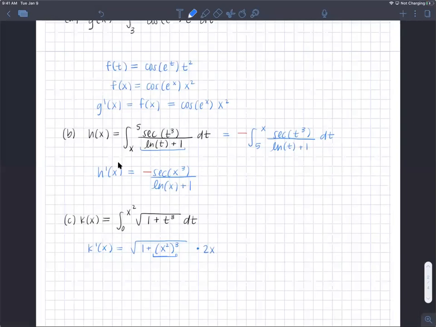And so here you're getting 2x times the square root of 1 plus x to the 6th. So any questions about that one?